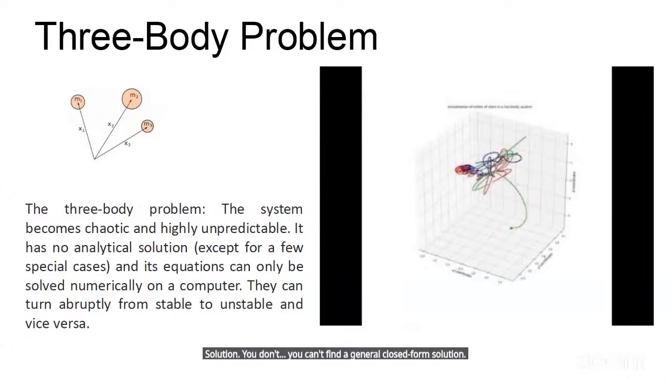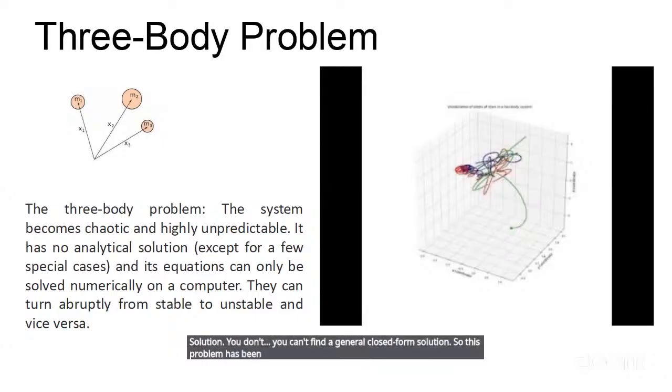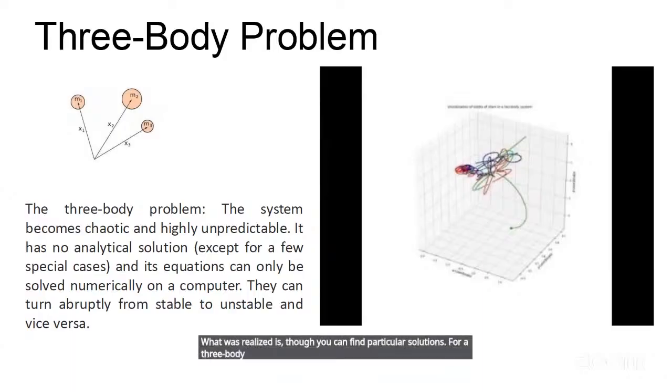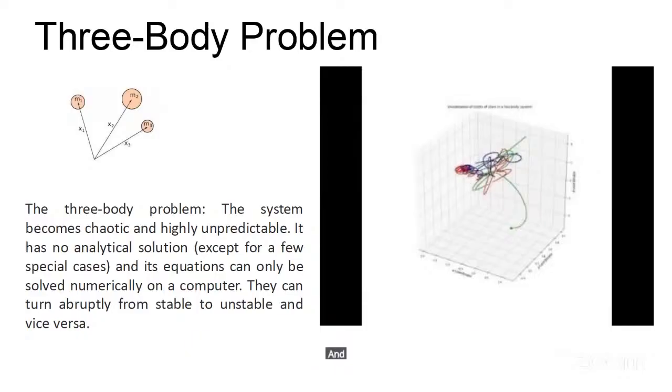This problem has been an open problem for the last 400 years and has played a very central stage in celestial mechanics and the development of a lot of mathematics. What was realized is, though you can find particular solutions for a three-body problem, you cannot find a general closed form solution. And interestingly, machine learning is being used to solve this problem.